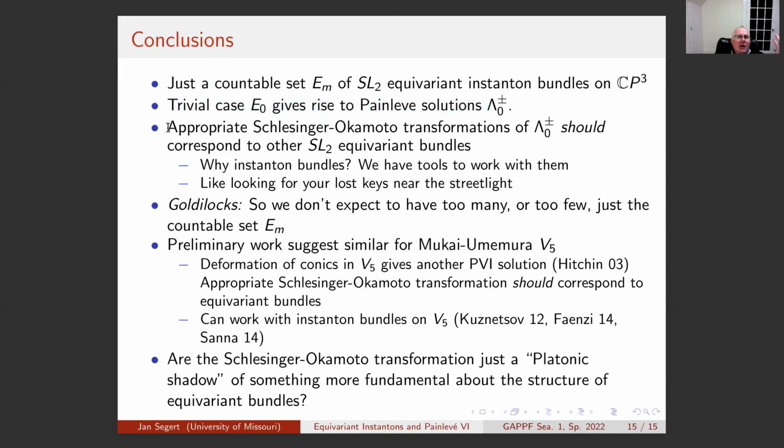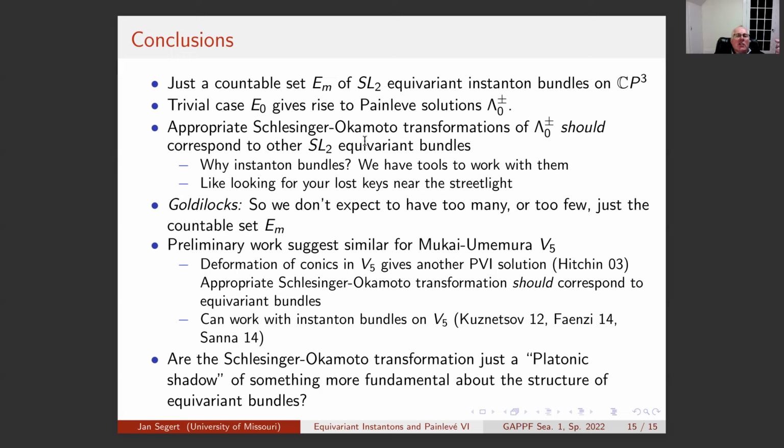And what I worked out is that the appropriate Schlesinger-Okamoto transformation, remember there's a lot of these, there's an affine D4 worth of them. So I really looked at a one generator subgroup, a Z subgroup of those, a particular one. So appropriate Schlesinger transformations should correspond to other SL2 equivariant bundles. Why is that?